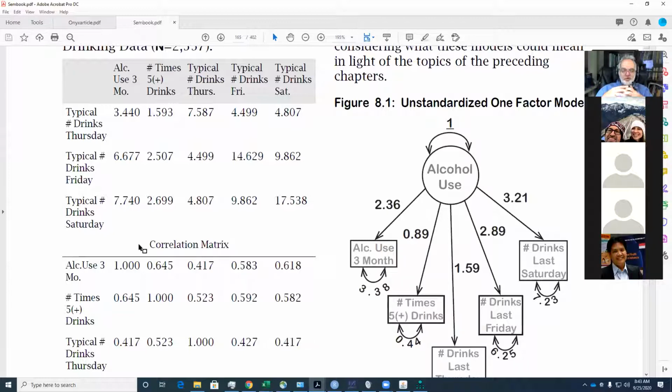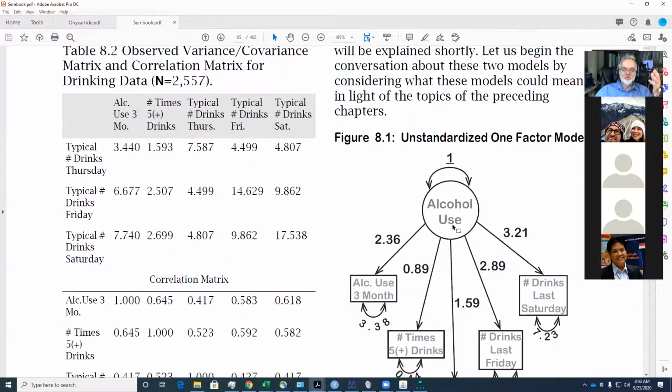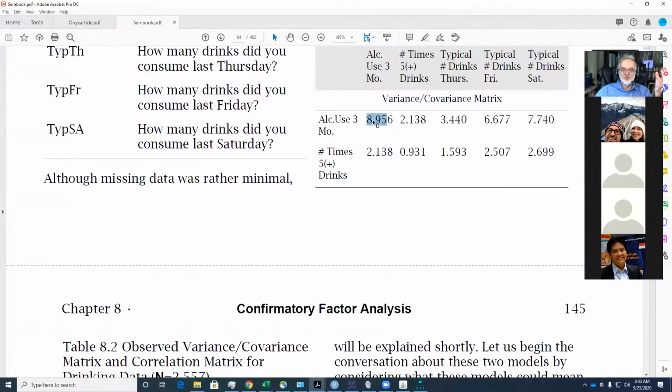Because in structural equation modeling or confirmatory factor analysis, I'm trying to explain a lot of variances and covariances with very few numbers. And so it is good if I can talk about just a few numbers in here, and this will do a really good job of replicating or giving me numbers that are very close to what I observe in the data. So from a structural modeling perspective, that's a good thing.